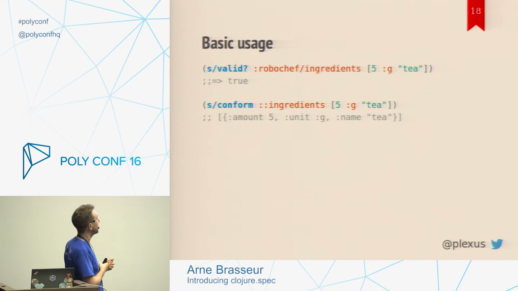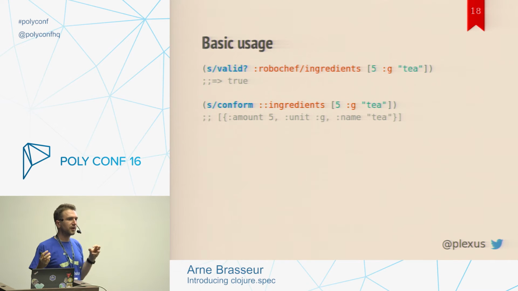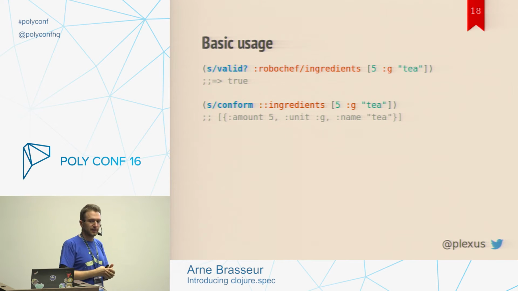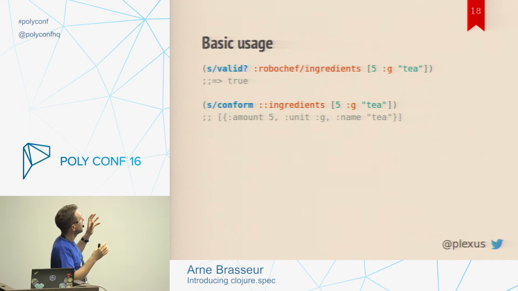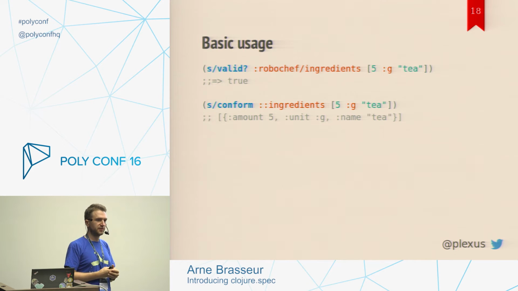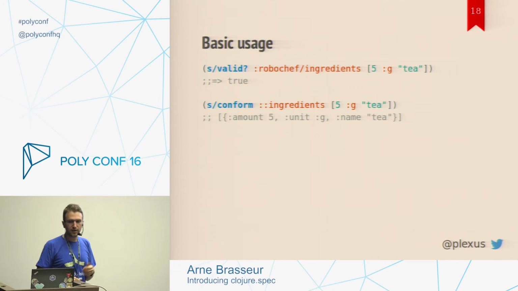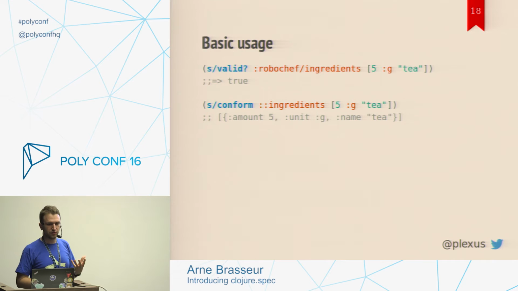You're still looking at the same data, but now instead of just that flat vector that we need to pull apart, where it's less obvious what's exactly in there, we get this map representation with the keywords that we used in our spec, saying that yes, we have an amount of 5, the unit is grams, and the name of this ingredient is tea. These are some of the basic things you can do with these specs.